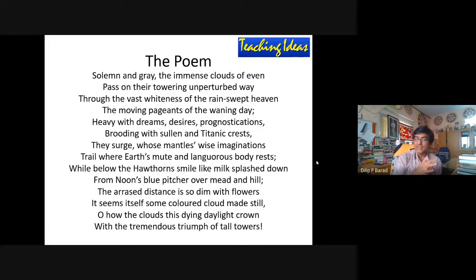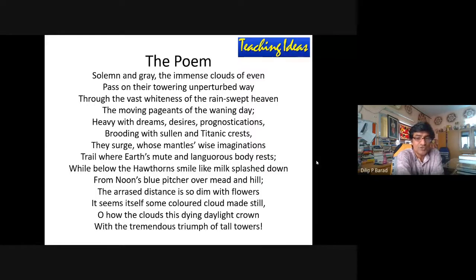The solemn and grey, the immense clouds of even pass on their towering, unperturbed way through the vast whiteness of the rain-swept heaven, the moving pageants of the waning day, heavy with dreams, desires, prognostications, brooding with sullen and titanic crests.